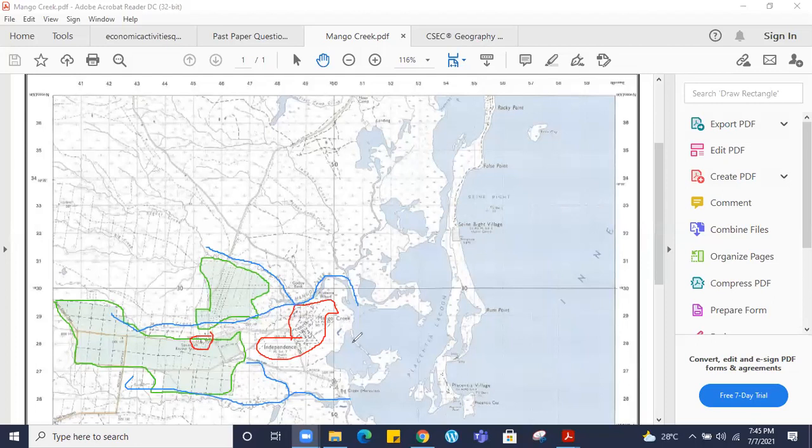So you can see the mouth of the Mango Creek, the permanent cultivated areas are close to the mouth, which suggests that the area is flat, right? And also more fertile, as you have nutrients from the rivers. That is something that you can state with drainage, that it provides nutrients. Everybody understand how to answer this question?